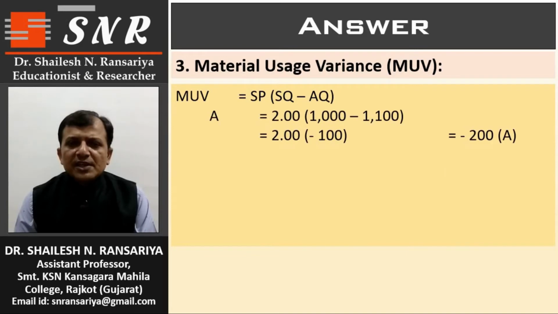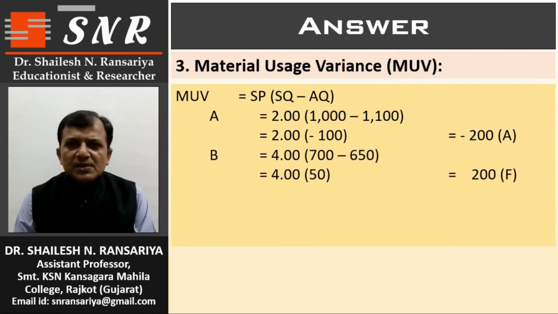For material A, SP 2, SQ 1000 minus 1100. So 2 multiply minus 100. So it is minus 200 adverse. For B, SP 4 into bracket 700 minus 650. So 4 multiply 50.